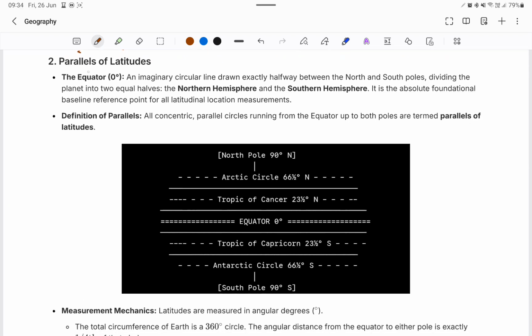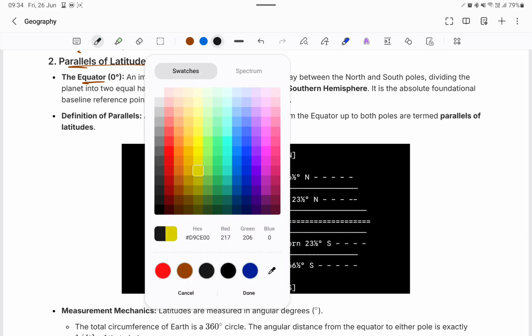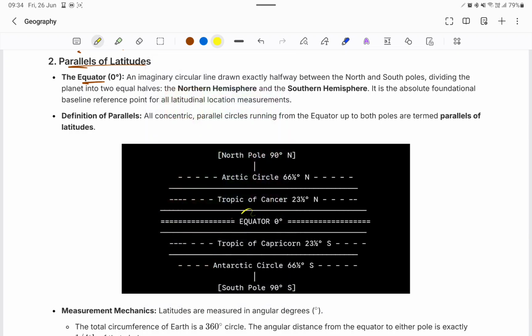Now we have to understand parallels of latitudes. Parallels of latitudes, we have the equator. So there you can look at this equator. Equator is 0 degree, an imaginary circular line drawn exactly halfway between the north and south poles.